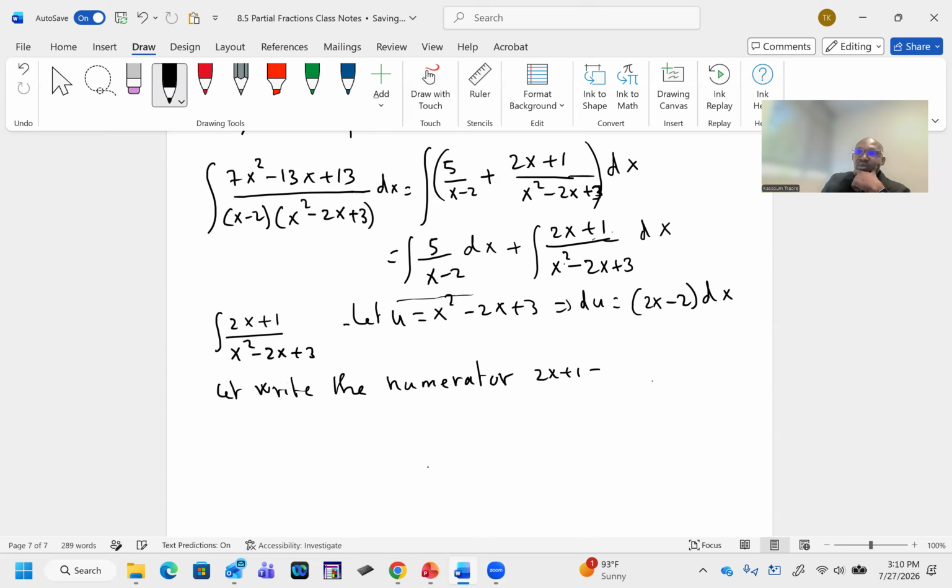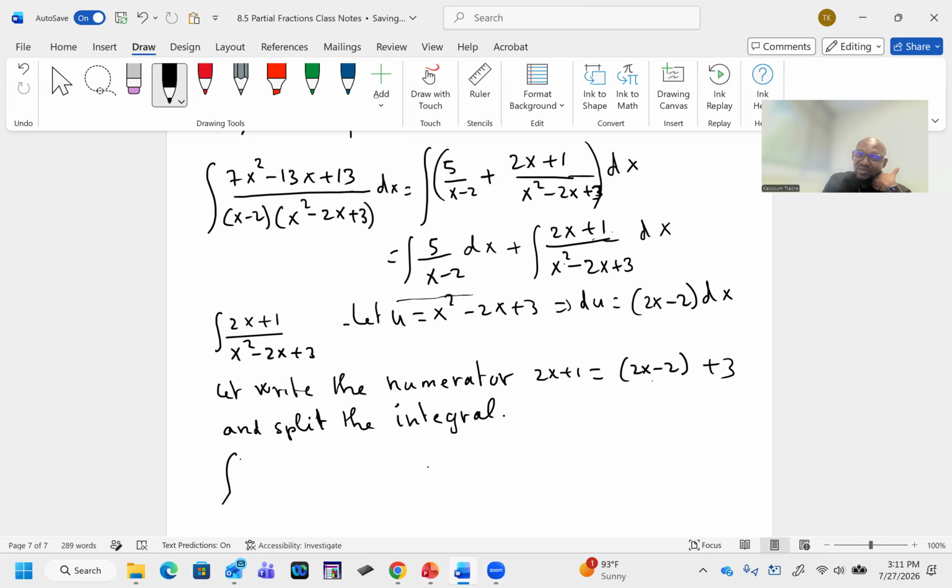We are going to rewrite it as 2x minus 2, then plus 3. That's the same thing, right? And then we'll split the integral again. This is a little bit long.